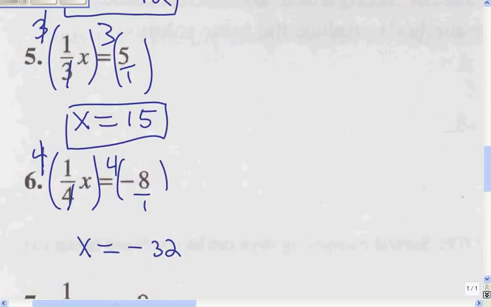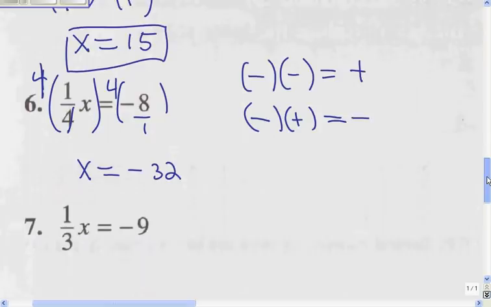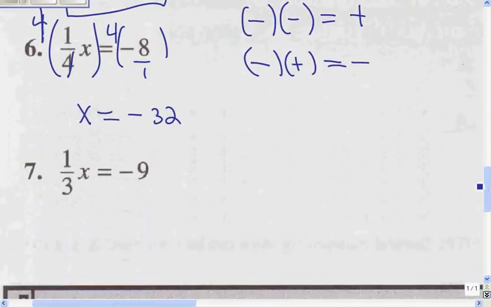And when your signs are the same, the answer is positive. So if I have negative times a negative, I get a positive. If I have a negative times a positive, because the signs are different, I get a negative. Okay, that's only in division and multiplication. It works a little different with subtraction and addition.